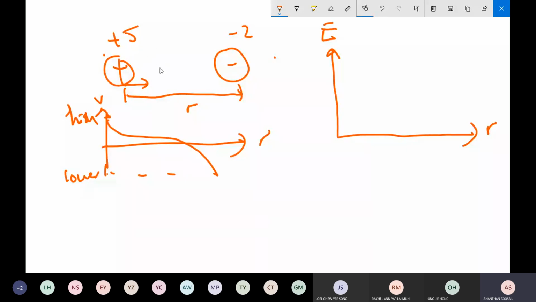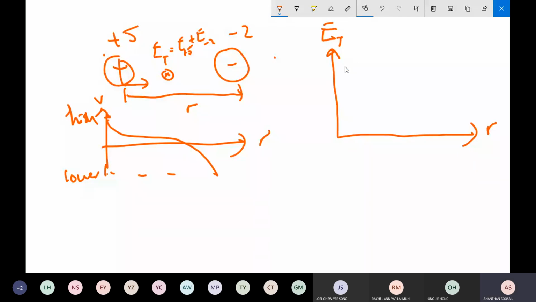Electric field strength means the total electric field strength. The electric field strength of positive 5 added to the electric field strength of negative 2 at that point is the total electric field strength. Tell me how this graph is going to look like. It's a 2 marks question.